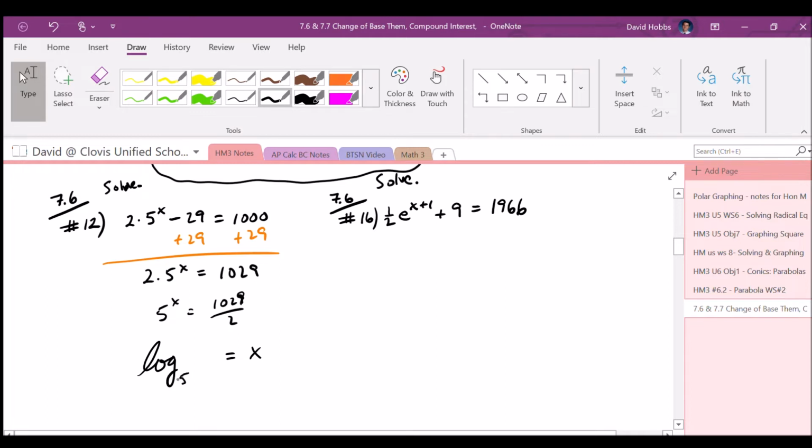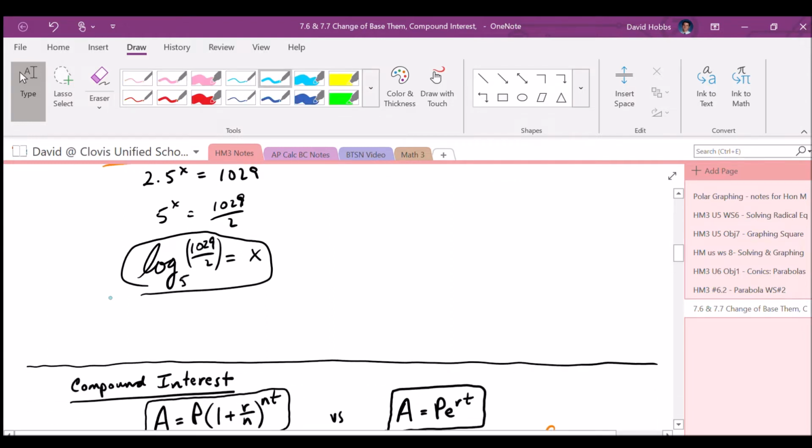So notice base to the exponent. And then right here is the 1029 over 2. Okay, so that's x. We've solved for x. Now, to get the decimal value, remember what that is equal to, and remember how to enter that into your scientific calculator.